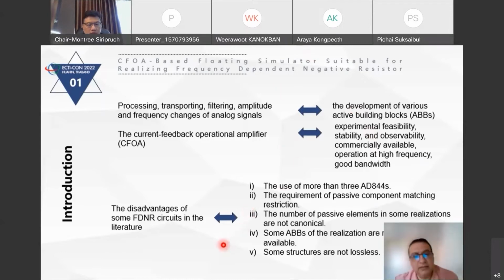Regarding the FDNR circuits, the FDNR circuits in the literature have some disadvantages.